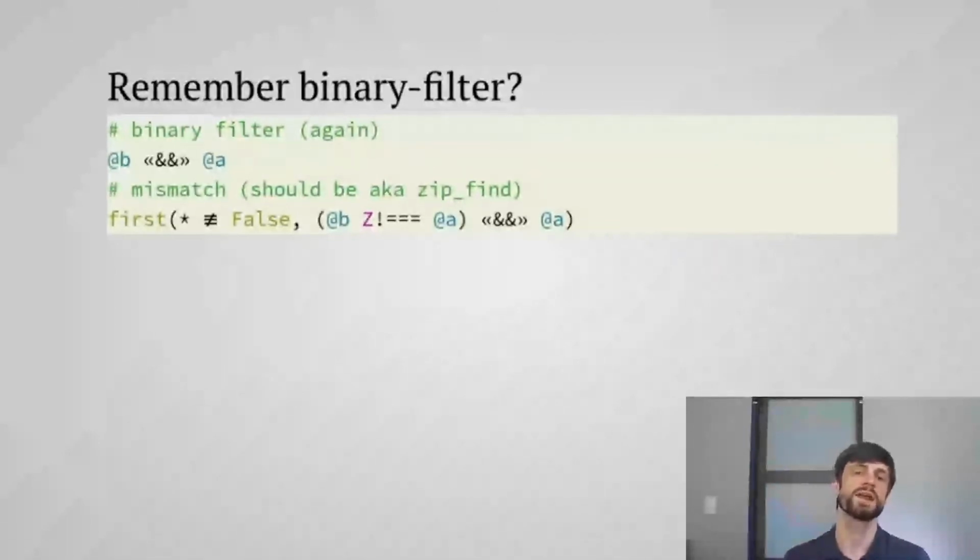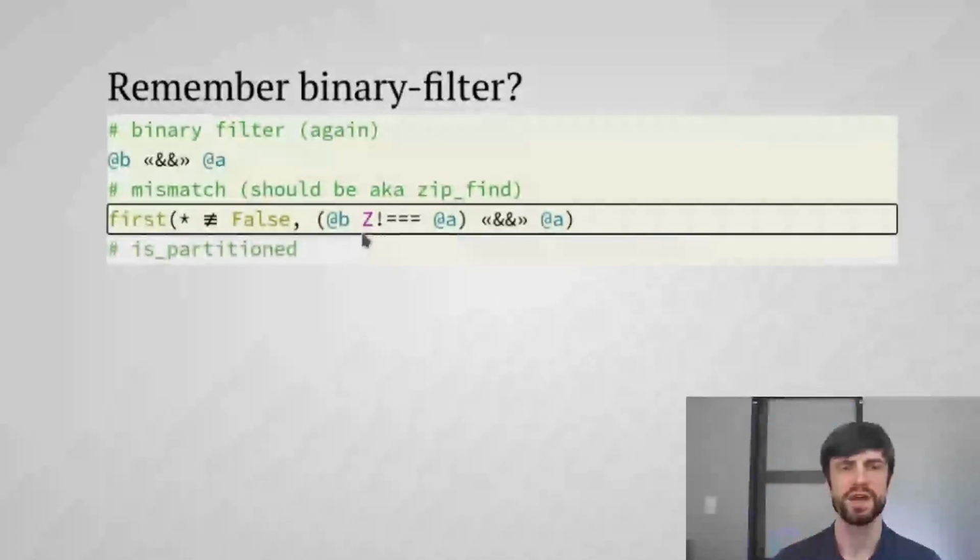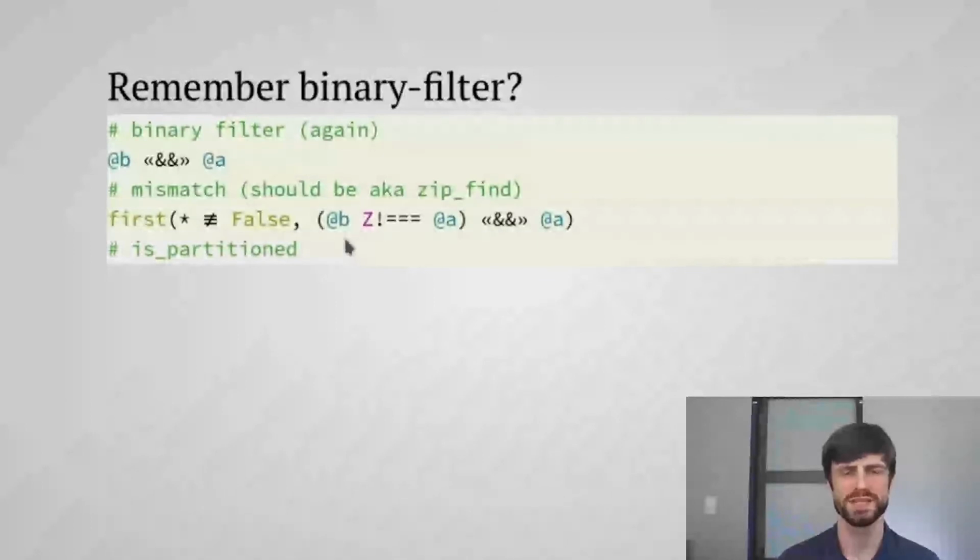All right, let's move on to the C++ algorithm isPartitioned. Before diving into an implementation, what does isPartitioned do? Well, a list is partitioned if it can be divided into a front half and a back half, where everything in the front passes a predicate, and everything in the back fails the predicate. So it's kind of like being sorted, but less strict.